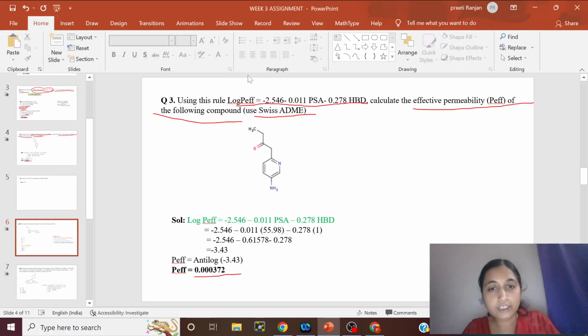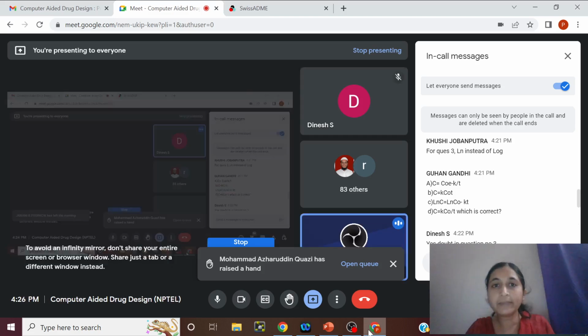Okay, so let's draw this structure in Swiss ADME and check.